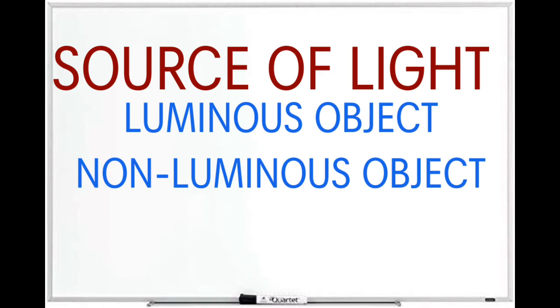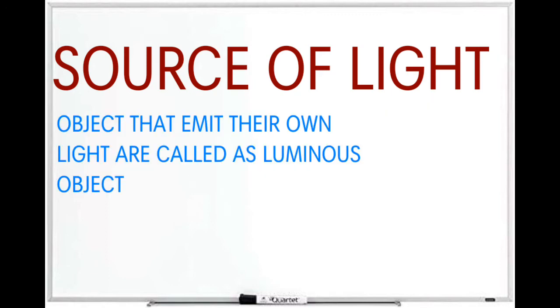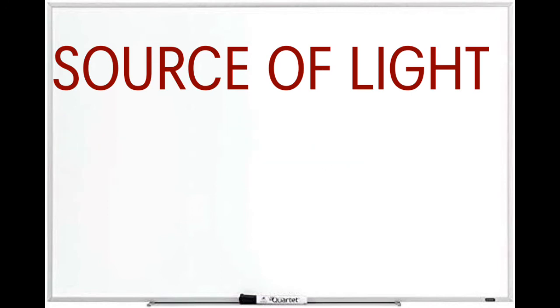Some objects emit their own light. Such objects are called luminous objects. Sun, star, candle, firefly, bulb and neon lamps are some examples of luminous objects. Luminous objects can be natural or man-made sources of light.